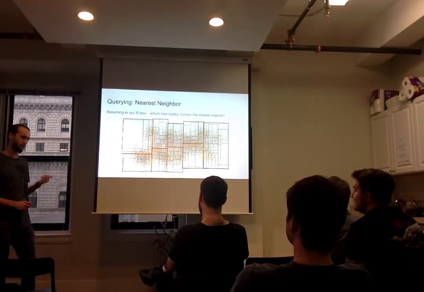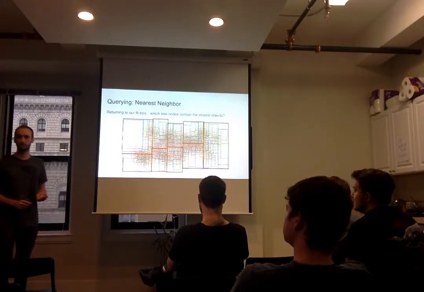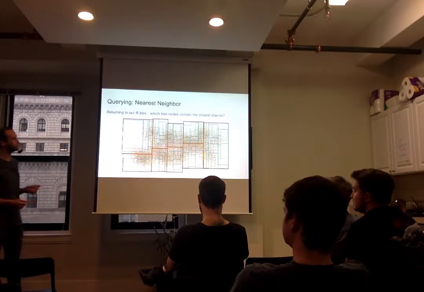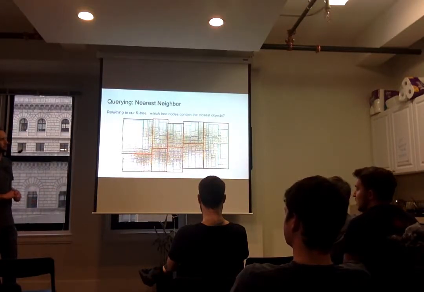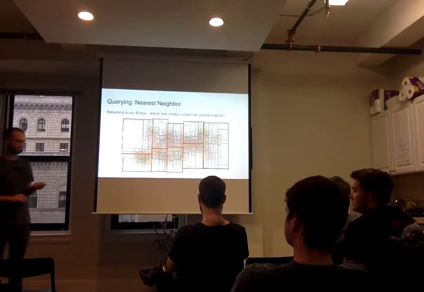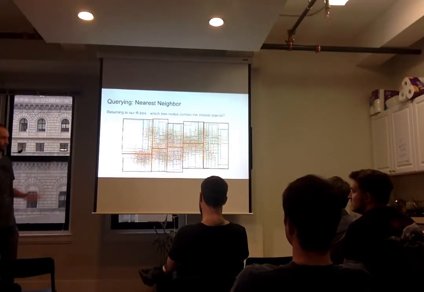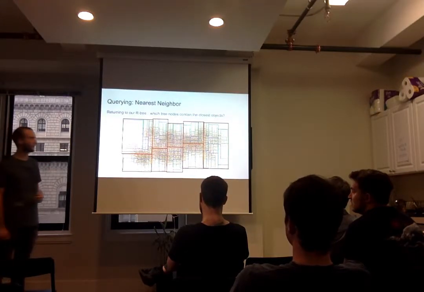So going back to our nearest neighbor, this is somewhat more complicated. Remember that this is asking us, given a point, we want to know the, say, 5 closest objects in our database to that point.